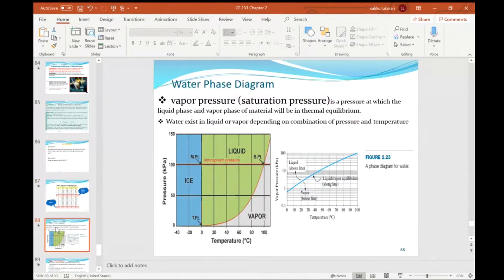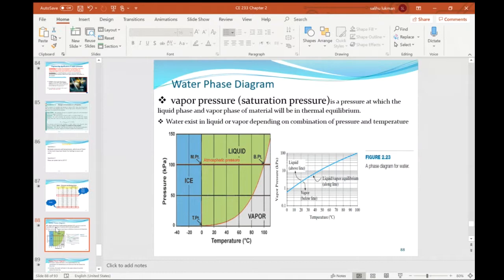Now, water phase diagram. Here we are discussing phase change, because once water reaches the boiling point, there is phase change. Phase, that is the state. Is it liquid, solid, or gas? So, change in state. Vapor pressure is the pressure at which the liquid phase and vapor phase of a material will be in thermal equilibrium. This I mentioned. Water exists in liquid or vapor depending on the combination of pressure and temperature.